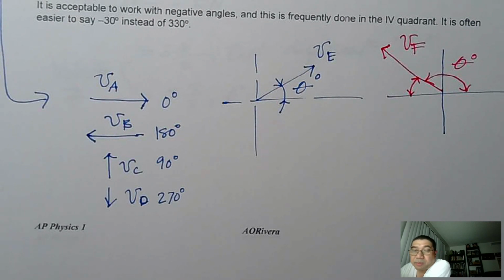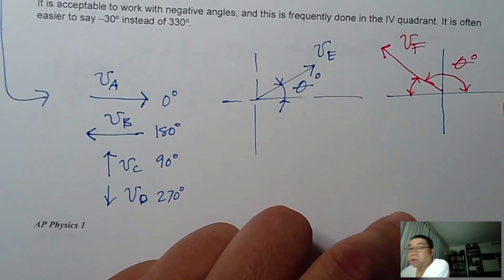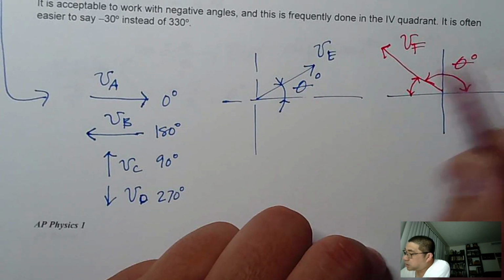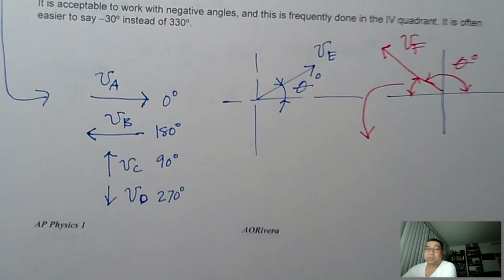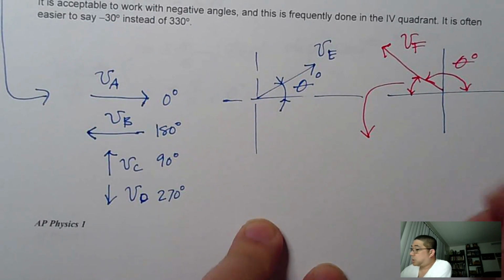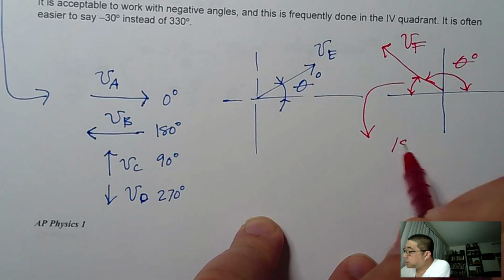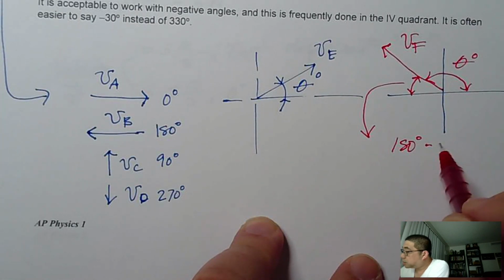And according to your math class, this is a supplementary angle because it's 180 degrees. So how do you figure out the angle over here? Let's use another letter to represent the angle. So the direction is going to be how much? This angle right here is 180 degrees minus that angle theta.